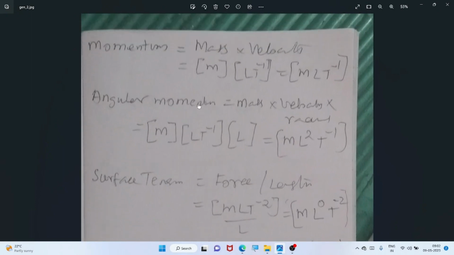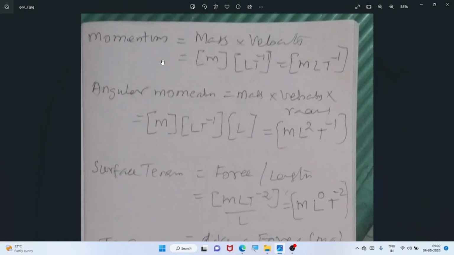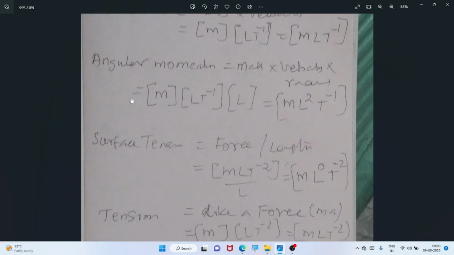Then momentum is mass into velocity. Mass M, velocity is LT^-1, we already saw. So mass into velocity. Angular momentum is mass into velocity into radius. So this mass, velocity, and then the radius is length. So it is ML^2T^-1.